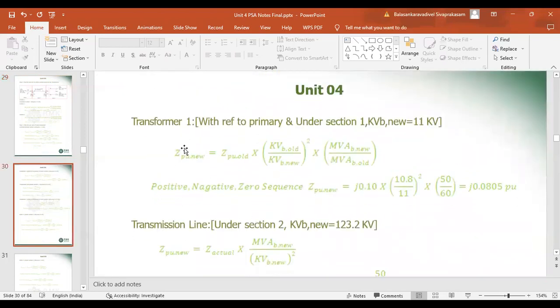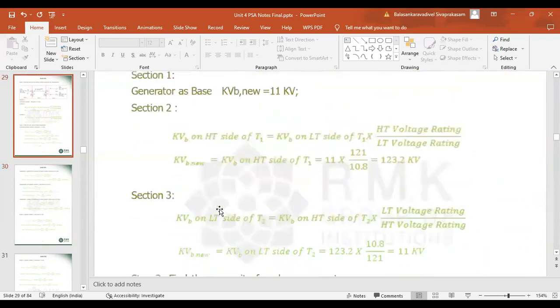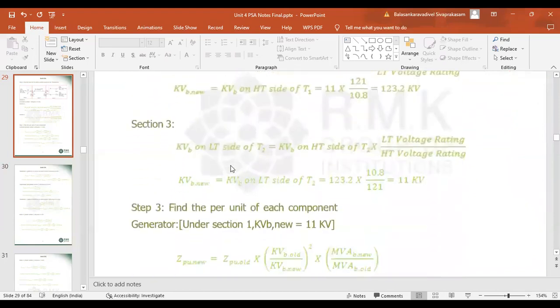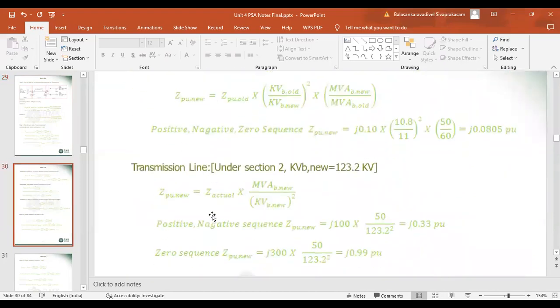Next, we can calculate the value for transformer 1. For the transformer, again the same formula. If the values are given in per unit, we use Z per unit new is equal to Z per unit old into (kVb old by kVb new) the whole square into MVAB new divided by MVAB old. For transformer T1, in the data generally it is given that X is equal to 10%. They have not specified positive, negative, or zero sequence. Generally it is given so that we can calculate the reactance only one time with the general formula.